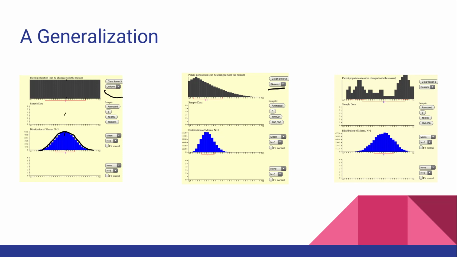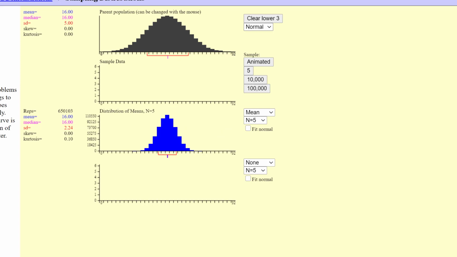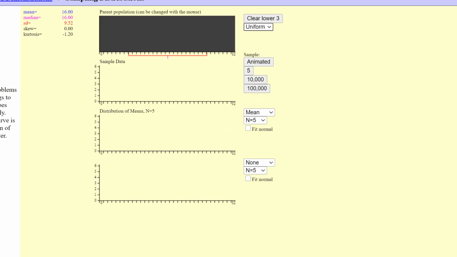So as we took sample after sample out of this parent population, our means eventually turned into something like this. Our average values turned into something like this. So if you don't believe me, we can do that now. So let's take a uniform distribution.